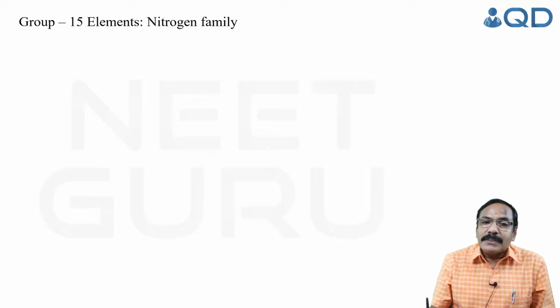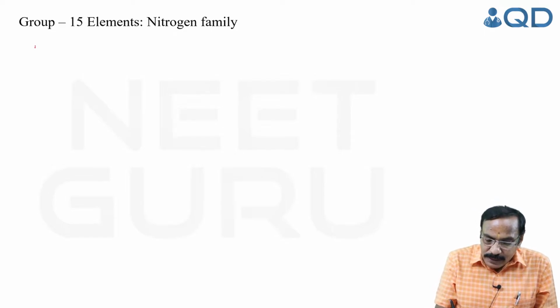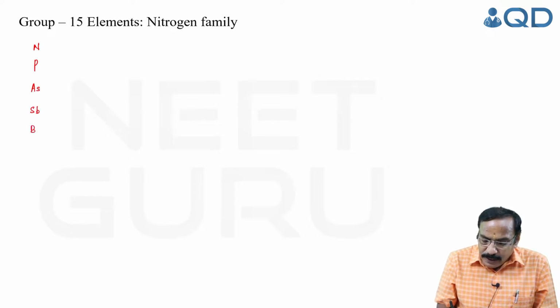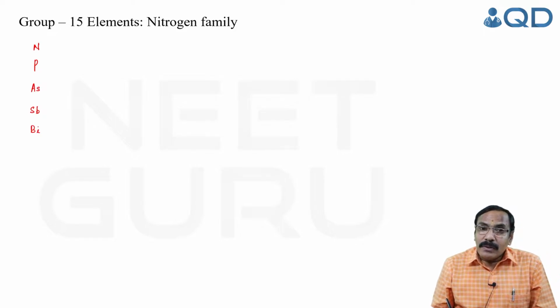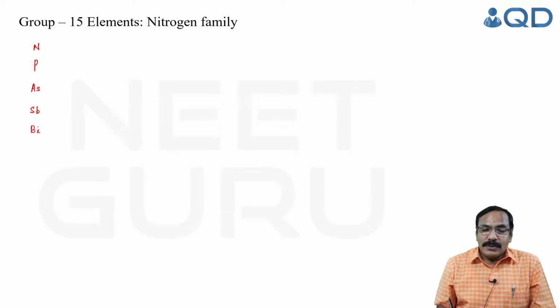Now, what are the elements of group 15? Nitrogen, phosphorus, arsenic, antimony and bismuth. And you have a newly discovered element in group 15 also, called moscovium.